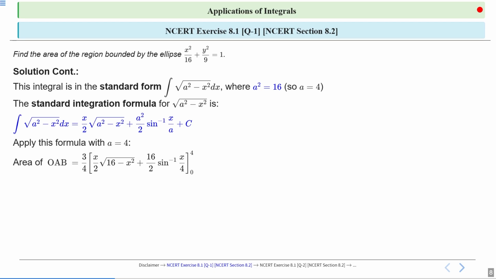And when we calculate the antiderivative to find the value of the definite integral, apply the second fundamental theorem of integral calculus, as here 4 is the upper limit and 0 is the lower limit. According to the second fundamental theorem, put the upper limit into the antiderivative, and then subtract the value of the antiderivative at the lower limit.